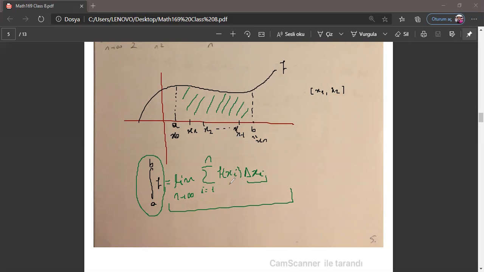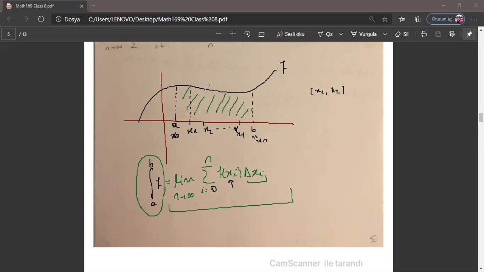Then we take some point; here I noted it as an endpoint of some interval, but we will see that we can take any value from the subinterval. Let's suppose we start from 0, and we take the left endpoints of the subintervals.